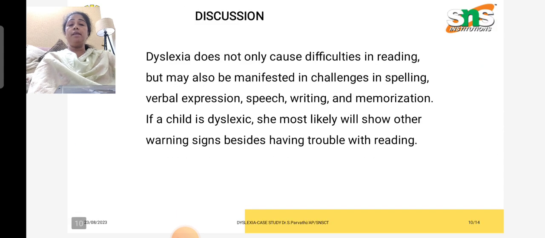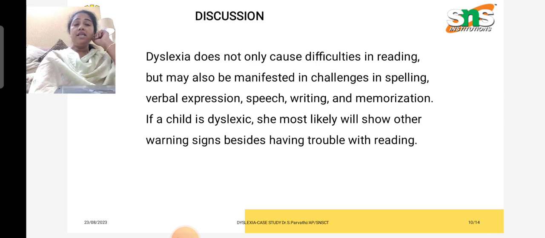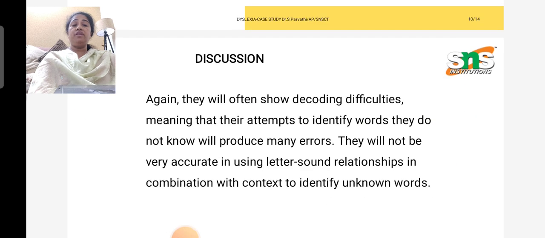So dyslexia does not only cause difficulties in reading, but sometimes also challenges in spelling, verbal expression, speech, writing and memorization. If a child is dyslexic, she or he most likely will show other warning signs besides having trouble with reading.